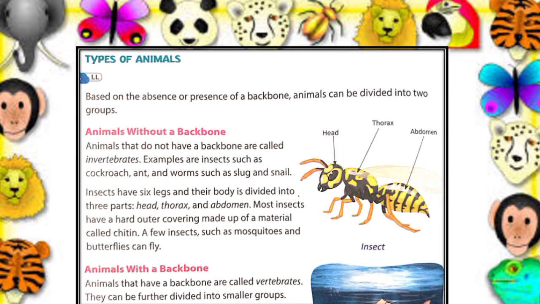So, animals that have a backbone are called vertebrates, and they can be further divided into smaller groups like fish, amphibians, reptiles, birds and mammals.